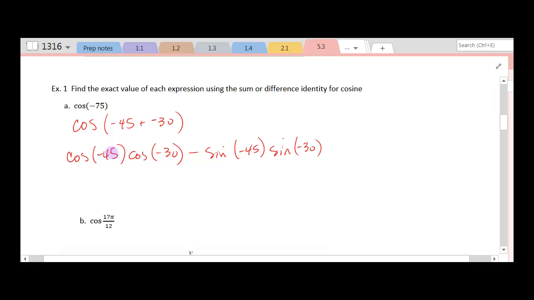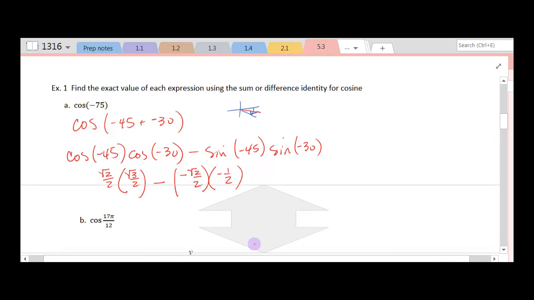So the cosine of negative 45 is the square root of 2 over 2. Cosine is positive in the fourth quadrant. And the cosine of negative 30 is the square root of 3 over 2. Then minus the sine of negative 45, which is negative square root of 2 over 2, because sine is negative in the fourth quadrant. And the sine of negative 30 is negative 1/2.